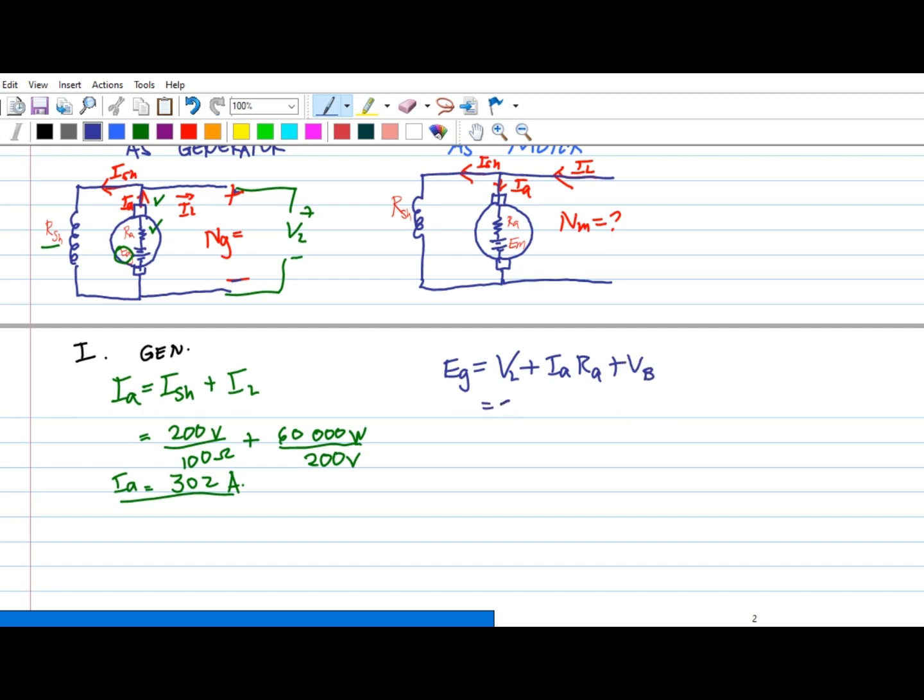So the formula: 200 plus I_A of 302 amps times R_A of 0.1 ohm plus V_B of 2 volts. Okay, so E_G is 232.2 volts.